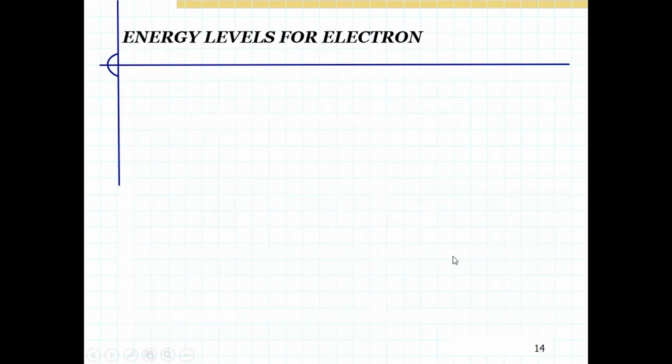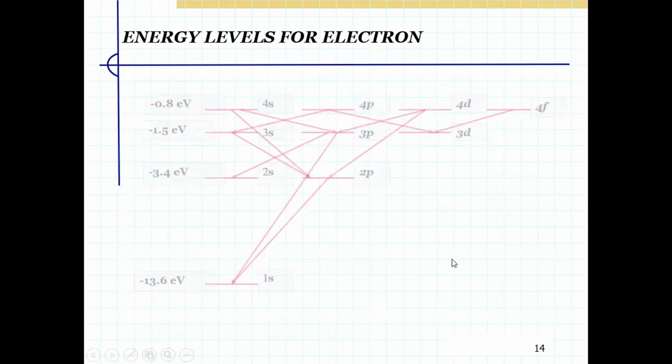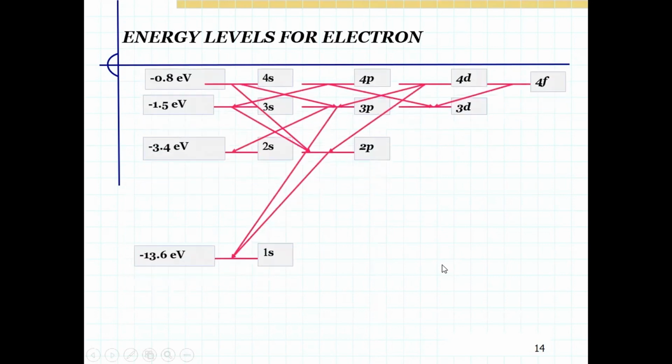The energy levels for the electron. From the quantum analysis, we come to know that the energy is basically discretized, and the ground state is the lowest possible state.